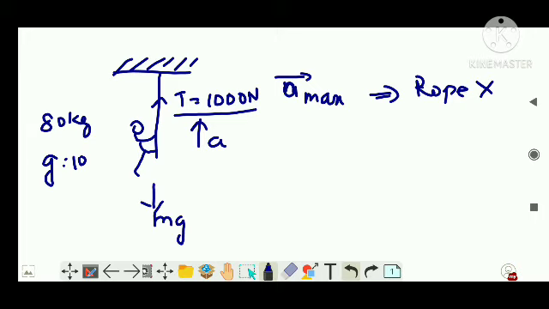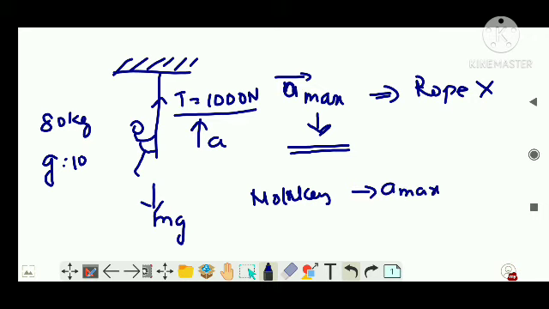Suppose the monkey goes up with the maximum acceleration. The maximum possible tension it can generate is 1000. The maximum acceleration by which he can go up should be equivalent to exerting a force of 1000 Newton, not more than that.